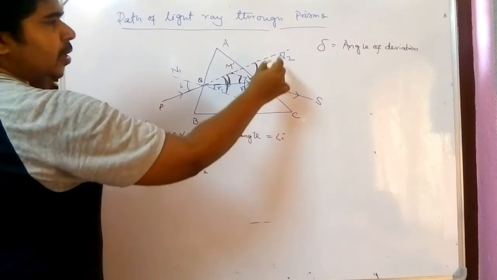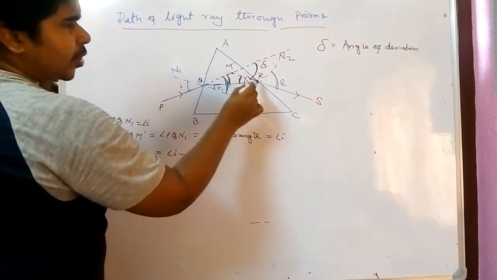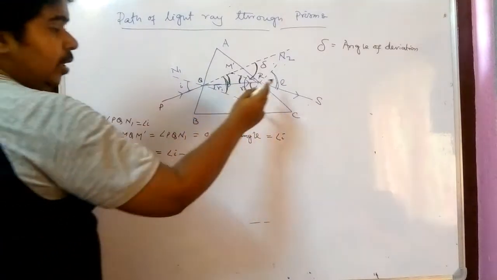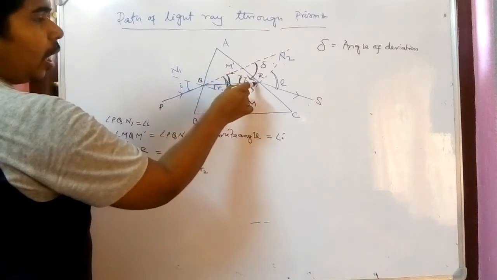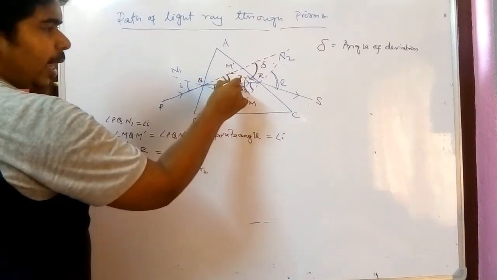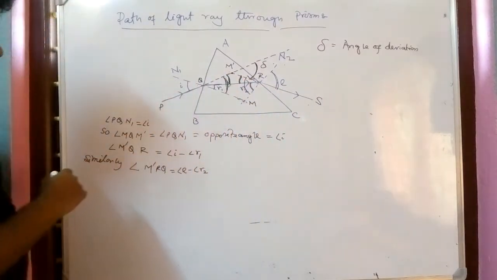Angle E means SR into, that should be angle M dash RM. Why? Because these are vertically opposite angles. And if I want to find M dash RQ, this angle should be angle E minus angle R2.